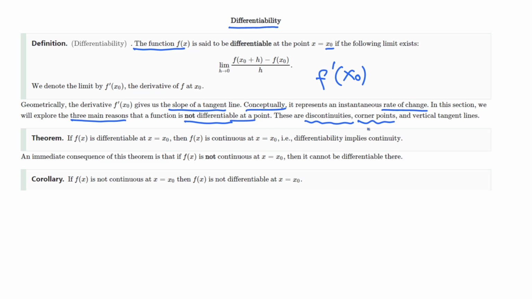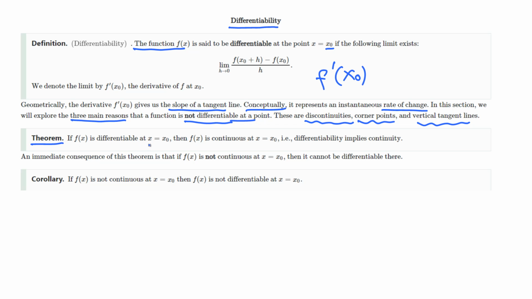Corner point: the function is continuous, but there is a corner point or cusp, then the function is not differentiable at that point. And vertical tangent line. When we draw a tangent line, if it is a vertical line, then the derivative does not exist.